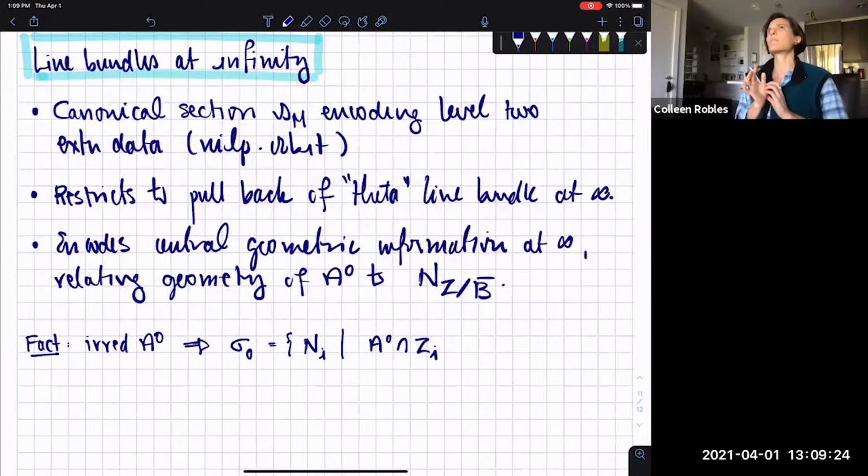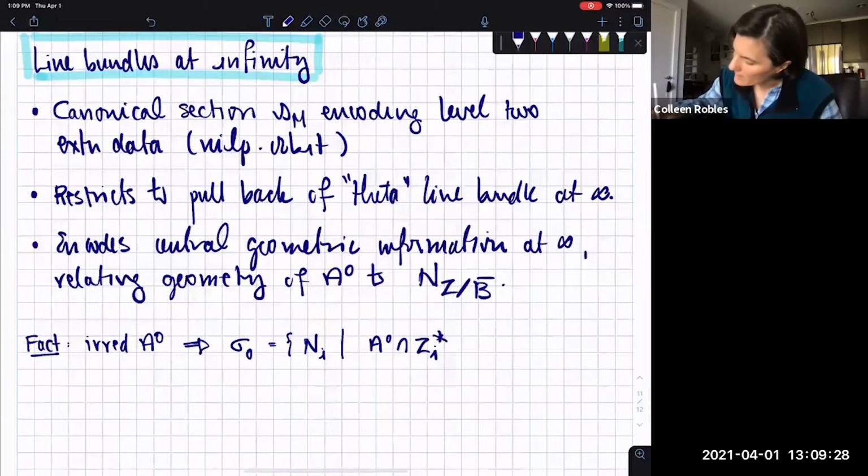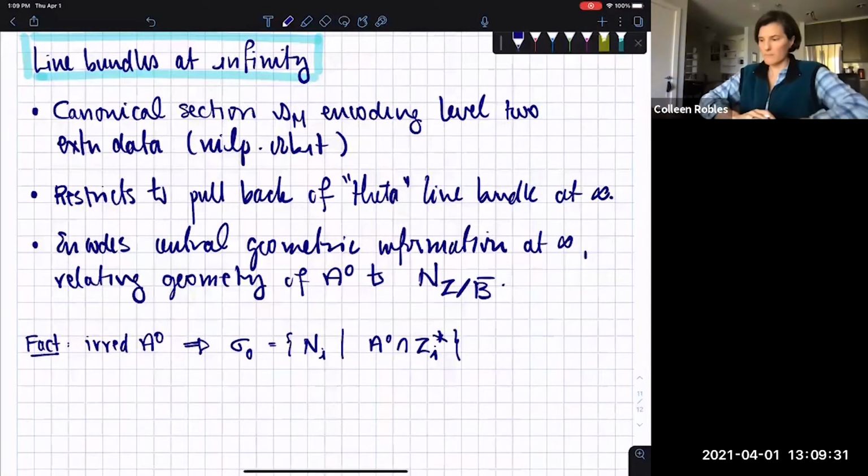Let me see if I'm saying that the way I mean to say it. I think I want to star here. Okay. I want to work on the open strata.